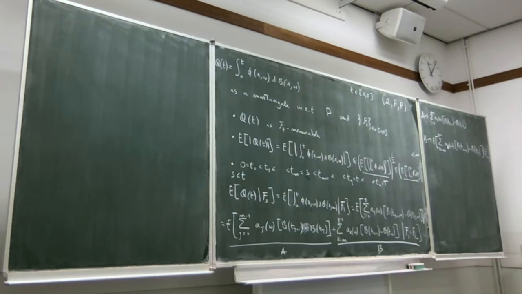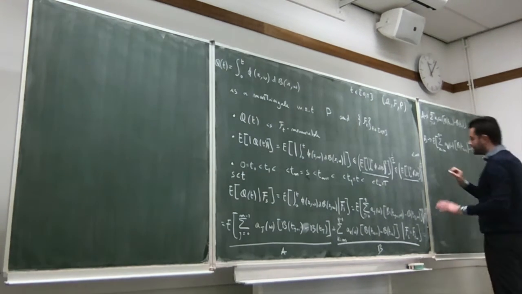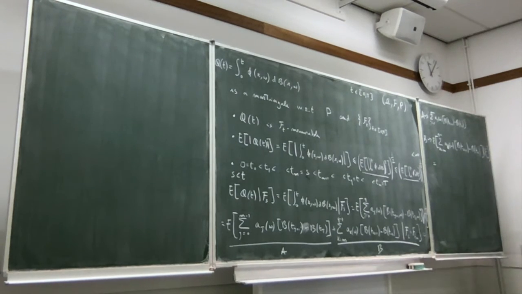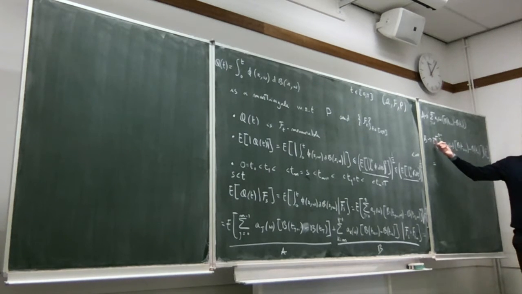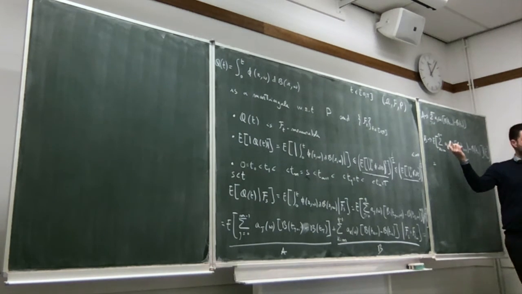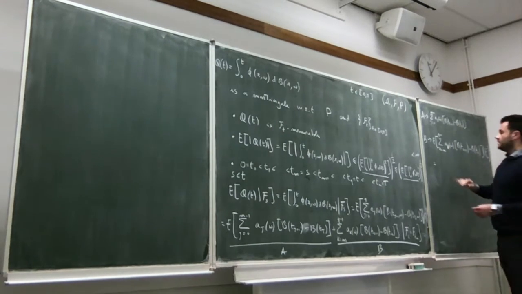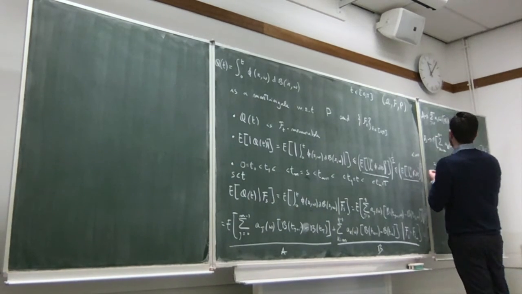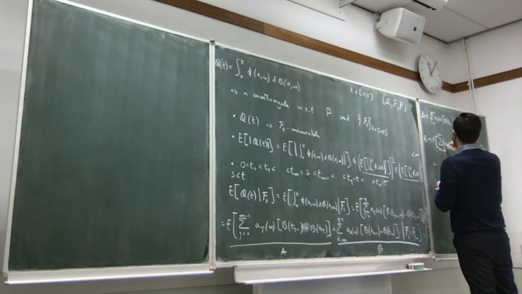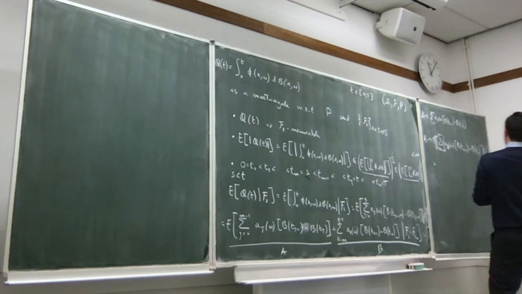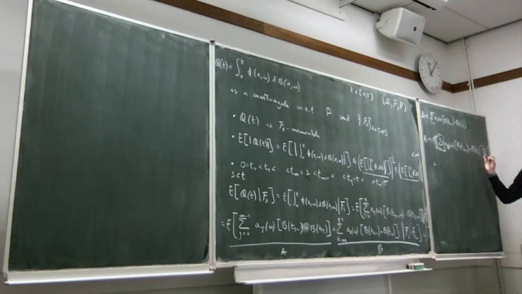Now here, what do we have? We can apply exactly the same reasoning that we had in the first lesson in terms of measurability. First of all, I can take the expectation within the sum. This is a finite sum, so I can take the sum of the expectations. And now this is the expectation of a product.